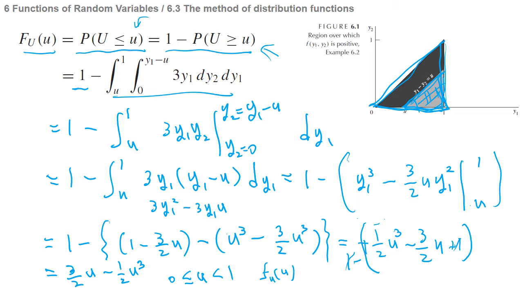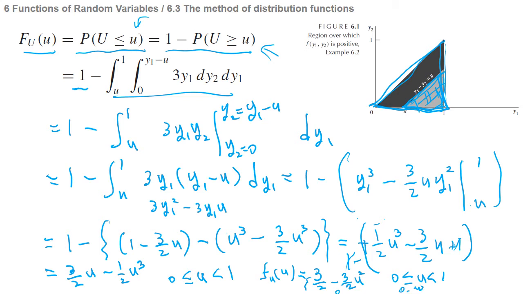and you can calculate f of u by differentiating this one. So it is 3 over 2 minus 3 over 2 u squared for u in this range, and 0 otherwise.